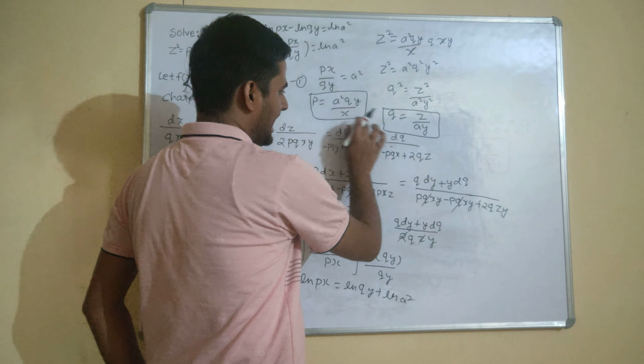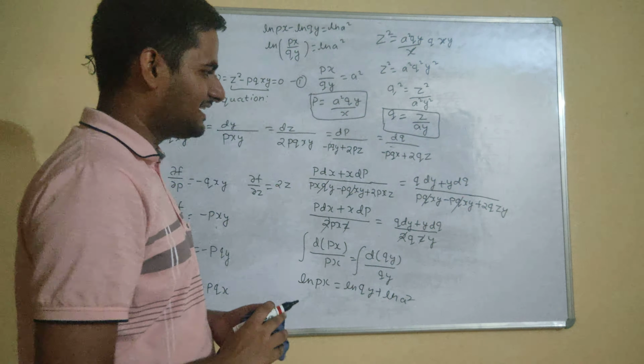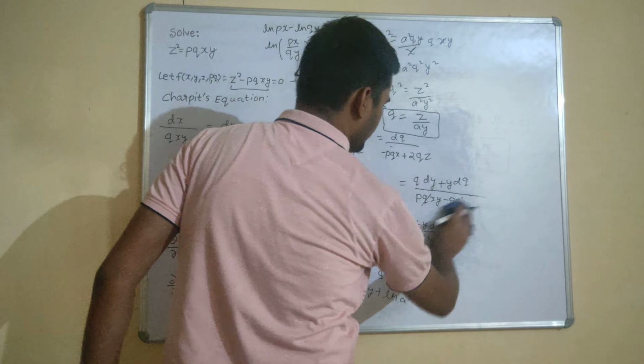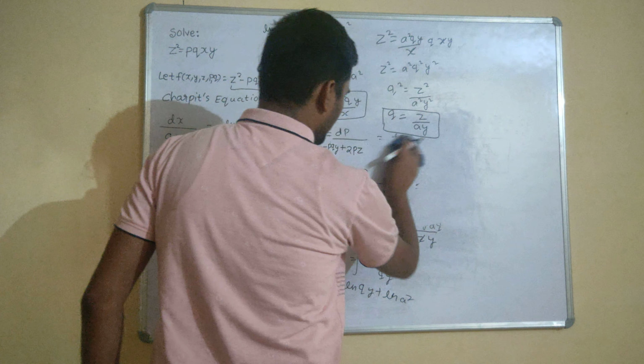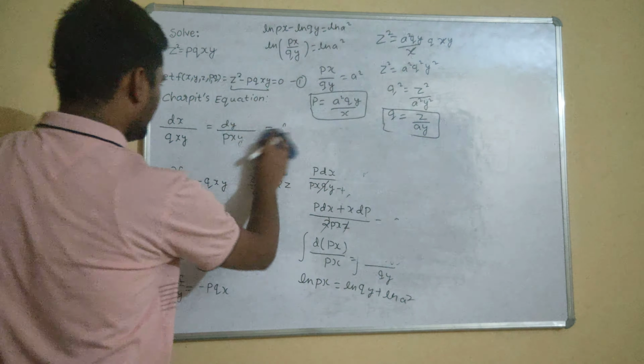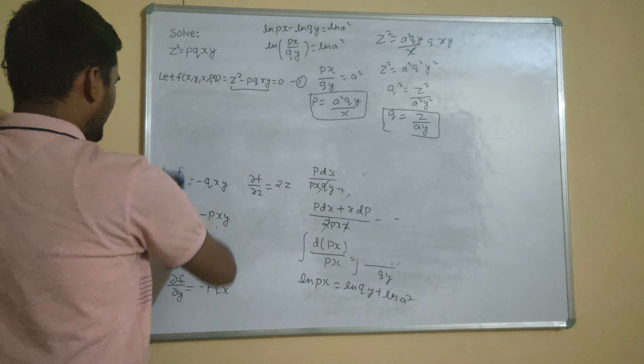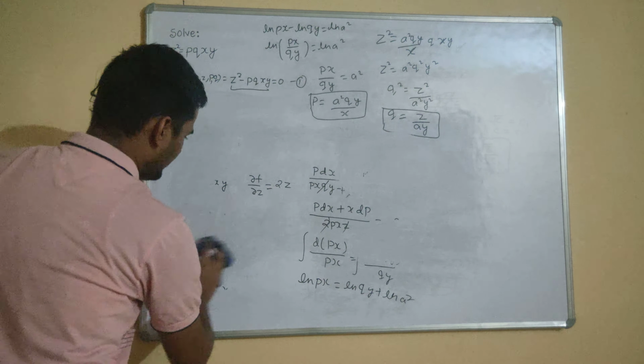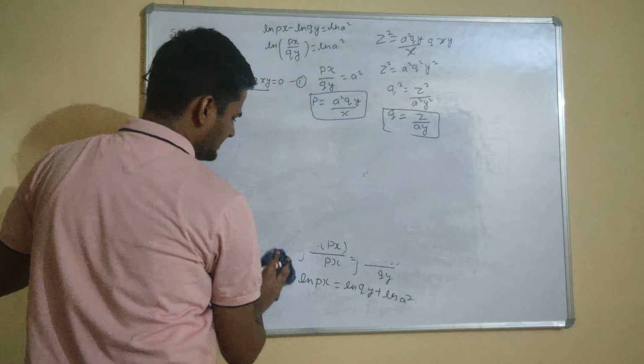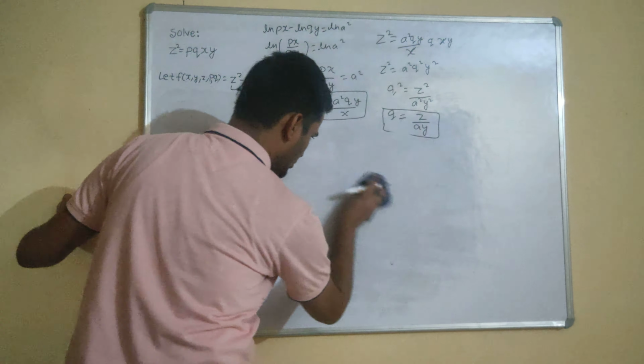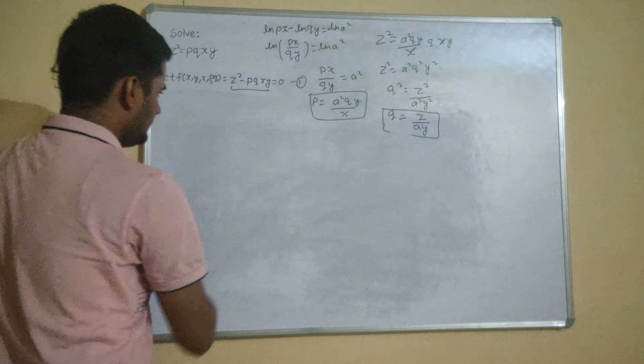I have got p, I have got q. You must be thinking of that very useful equation, which is dz is p dx plus q dy. That must be running through your mind. So let's hurry up and use that, because that is one of the last things we have to do in order to get to the answer.